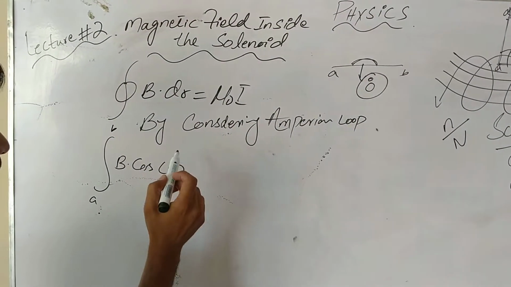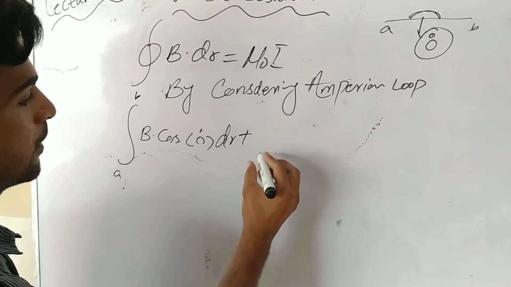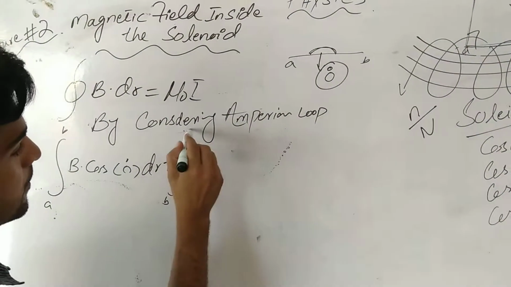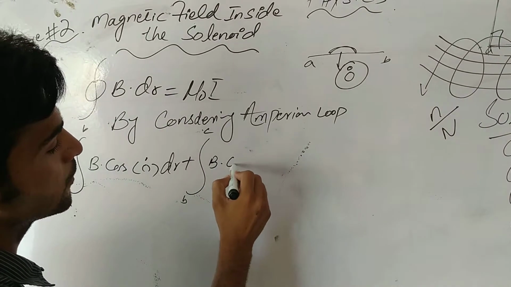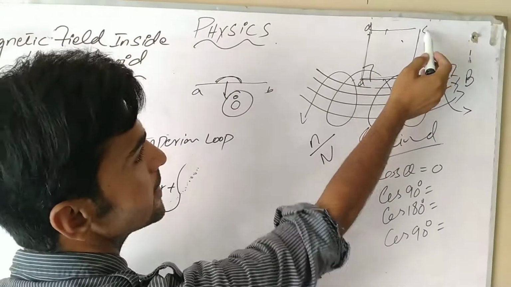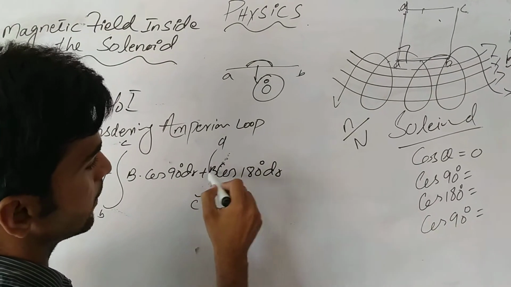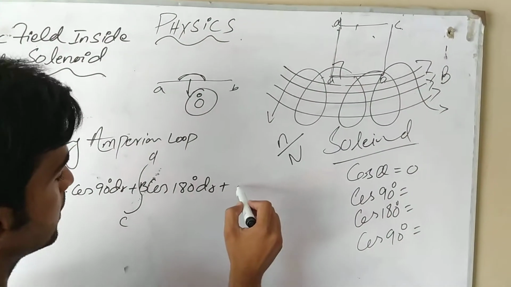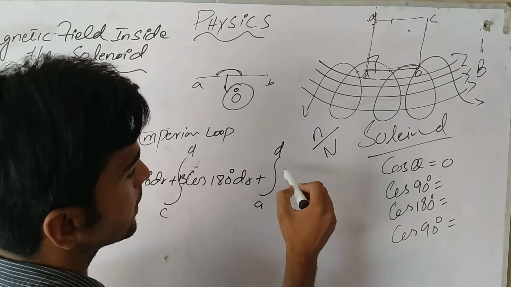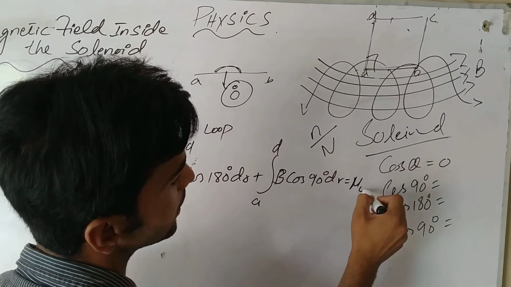Plus again we are going to write BC, that is B cos 90 degrees dl. Similarly the next, that is CD, this is cos 180 degrees dl, then again this, that is also 90 degrees, so this is AD, cos 90 degrees dl, that is equal to mu naught I.